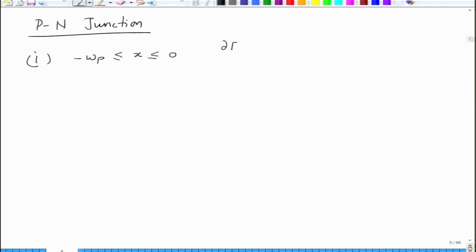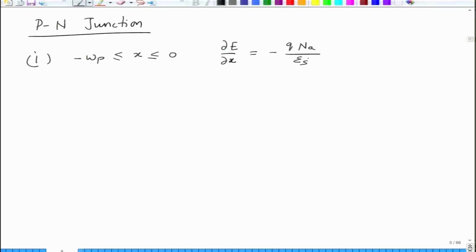So del E by del x in this region is equal to minus q N A divided by epsilon S, because we have negative charges in that region. So rho will be minus of q into N A. N A is the acceptor ion density, whatever acceptor ions are there within that region, into q, the electronic charge, and since they are negative charges, we have added a minus here, divided by epsilon S.